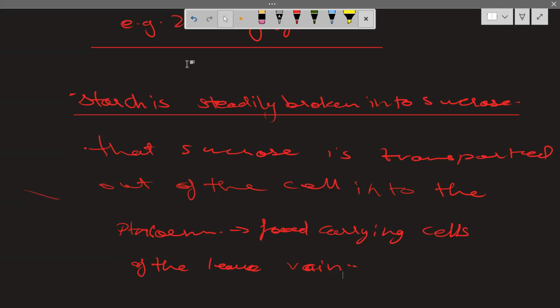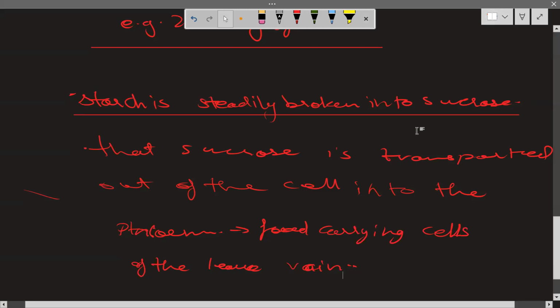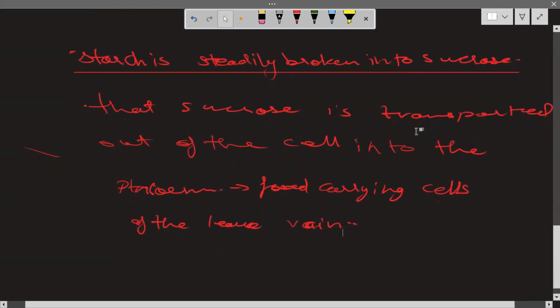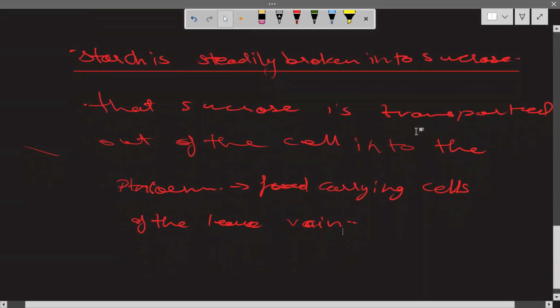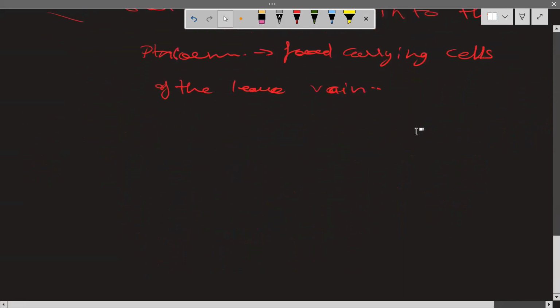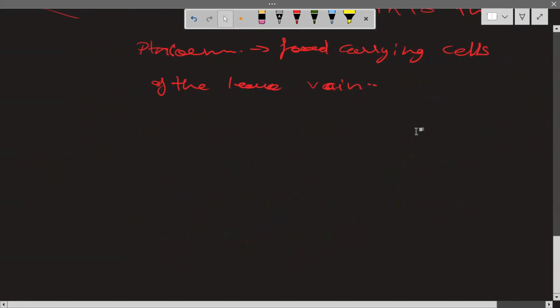Okay, for example, the growing buds, the ripening fruits, and the roots and the underground storage organs. Okay, so that energy or product is given to all the other parts that do not do photosynthesis.